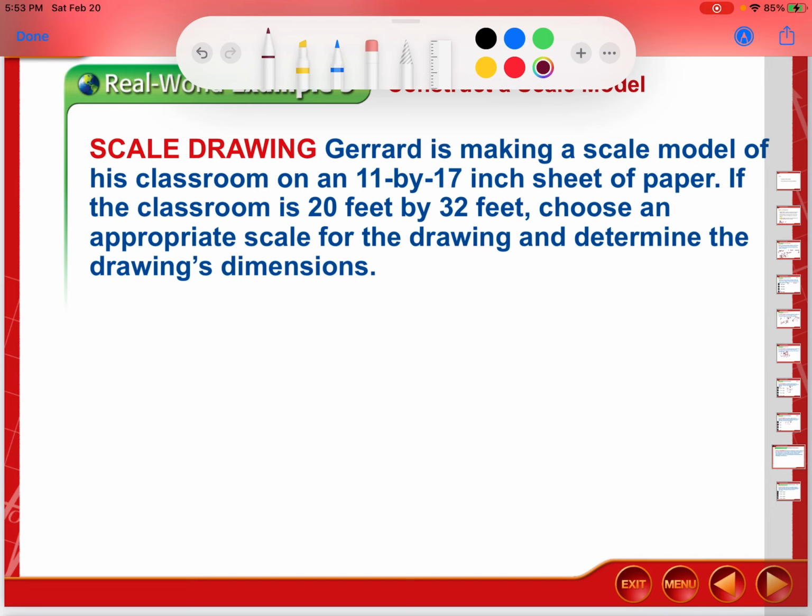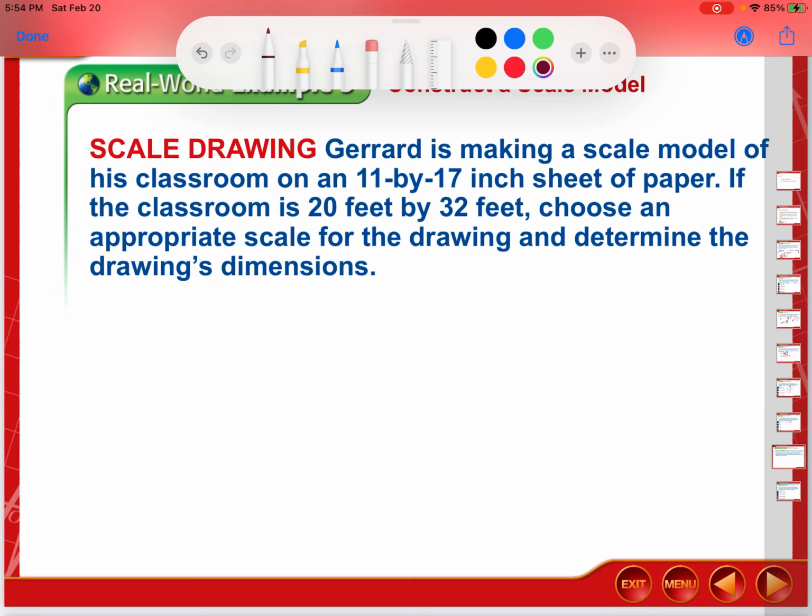So Gerard is making a scale model of his classroom on an 11 by 17 inch sheet of paper, which is really weird. I don't know anyone who walks around with an 11 by 17 inch sheet of paper. If the classroom is 20 feet by 32 feet, choose an appropriate scale of the drawing to determine the drawing's dimensions. So there's two ways to look at this. One, do I want to make it fit the piece of paper, or do I just want to set a good scale?